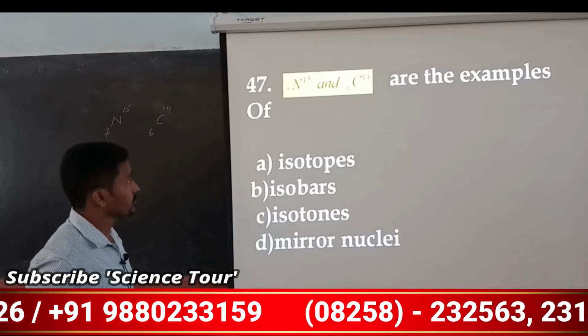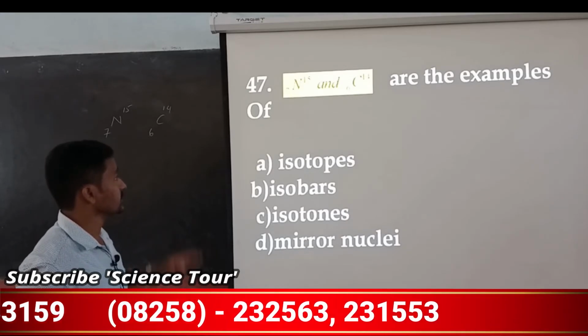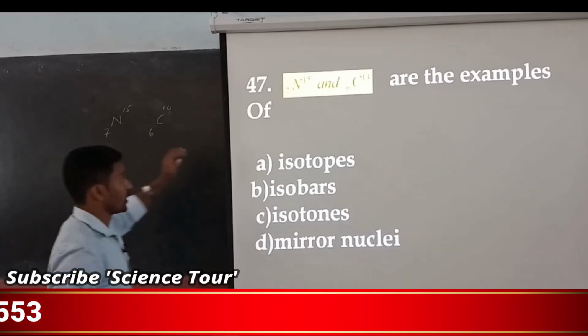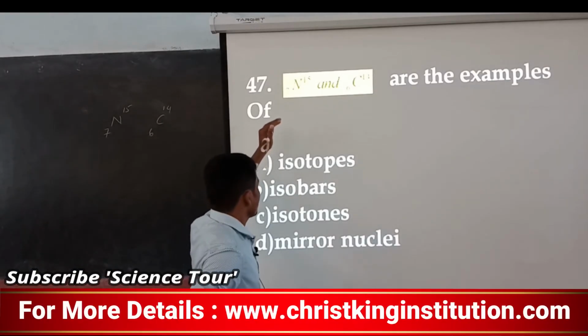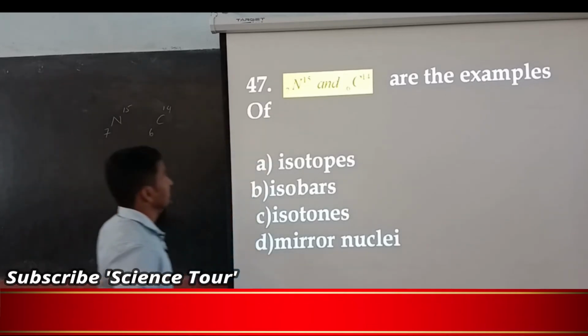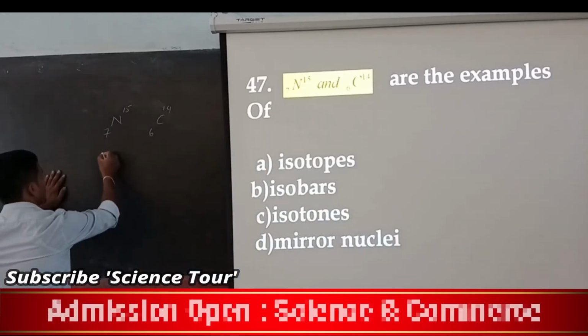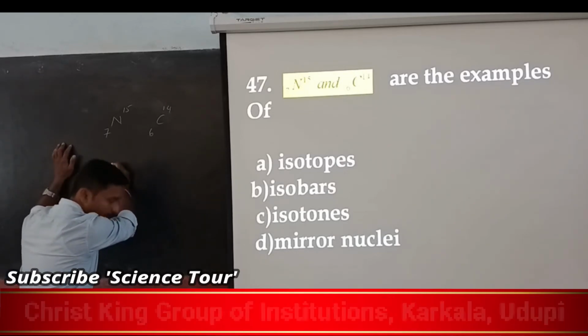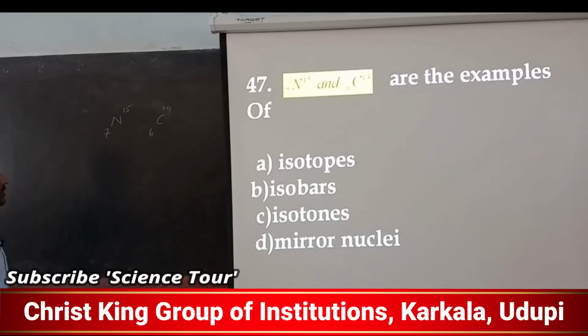Now let's see. I think it is not an isotope, and it is not an isobar. Then let's see whether it is isotones. That is 15 minus 7, and 14 minus 6.